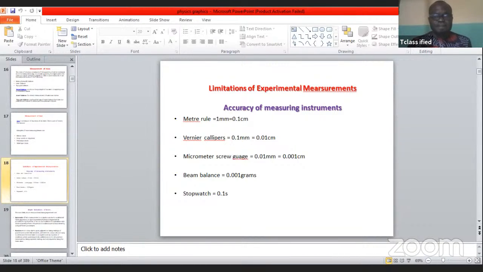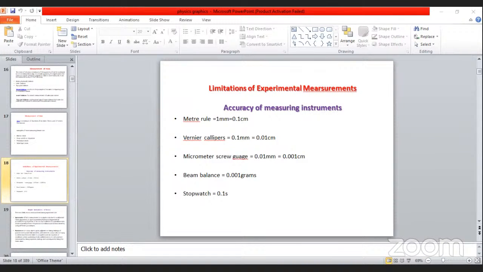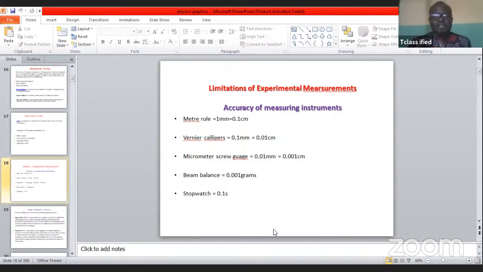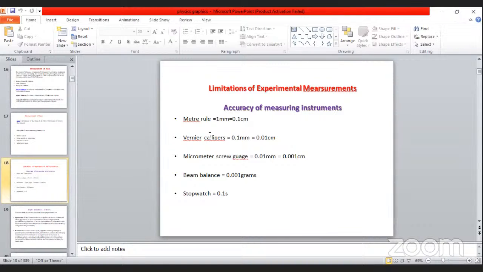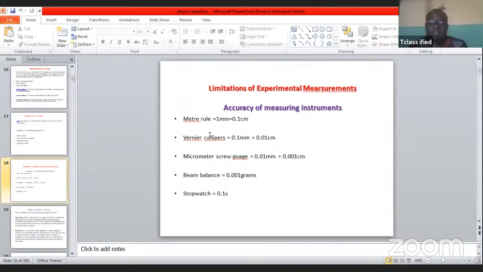Is that clear? Yes, sir. So you need to know the degree of accuracy of a meter rule, because they are going to ask you which of the following instruments has the degree of accuracy.